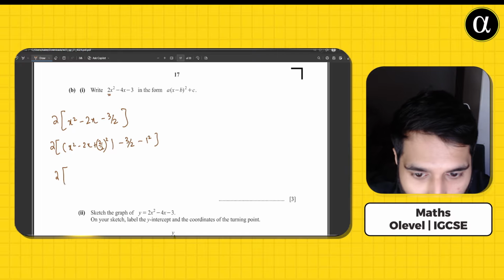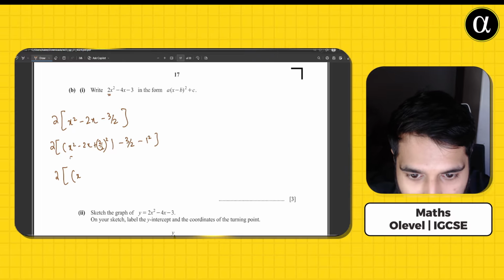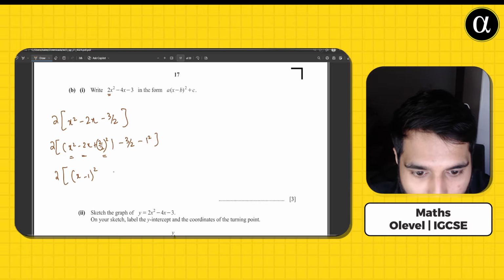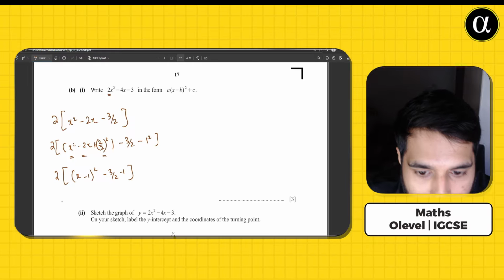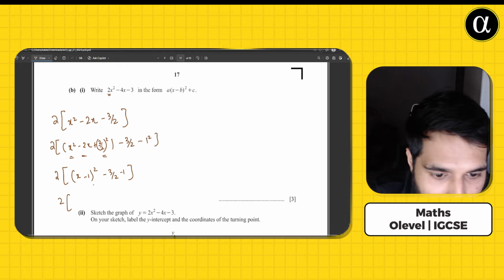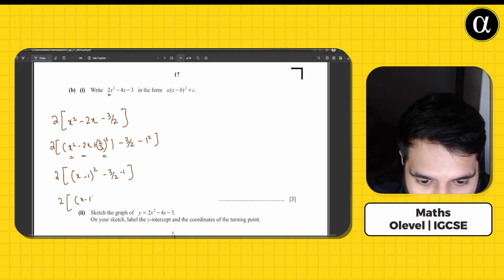And when you further solve, this is going to be x, the sign and the last number is going to be x minus 1 squared minus 3 over 2 minus 1, and this gives us 2 times, this would give us what? It would be x minus 1 squared minus 5 over 2.